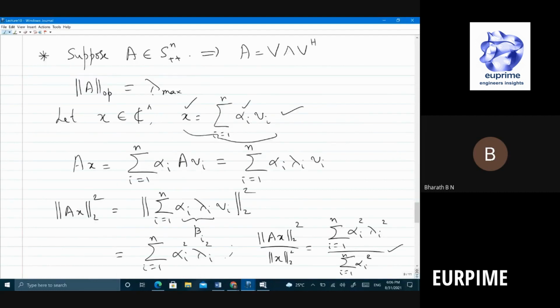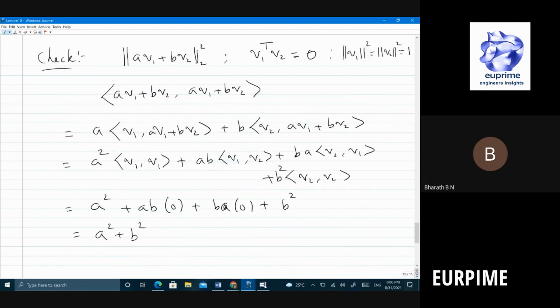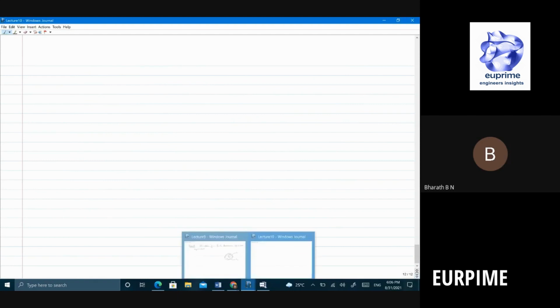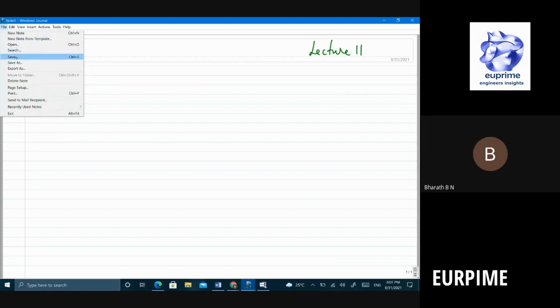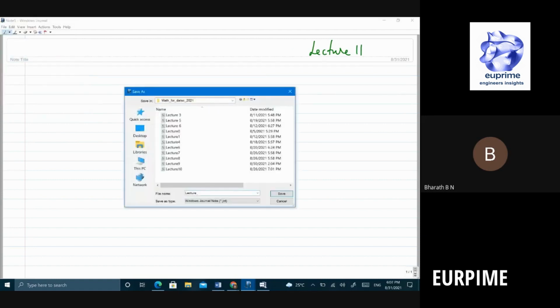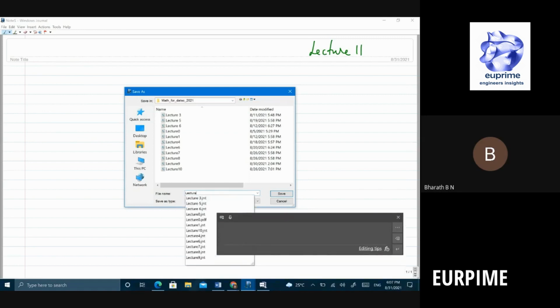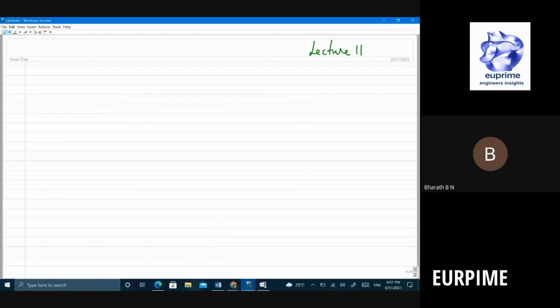Then we looked at the eigenvalue decomposition, and I think that's where we stopped.